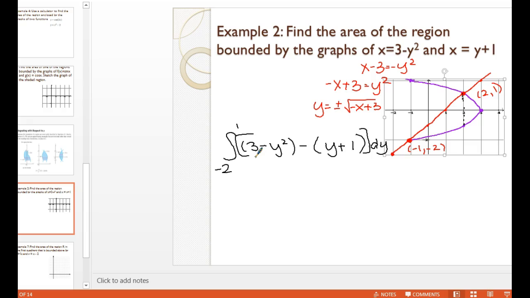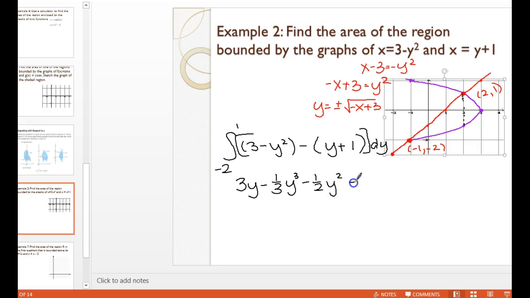So the antiderivative of 3, instead of becoming 3x, becomes 3y. Antiderivative of y squared becomes 1/3 y cubed, with the negative. Antiderivative of y becomes 1/2 y squared. We're going to distribute that negative. And then antiderivative of 1 would become 1y.